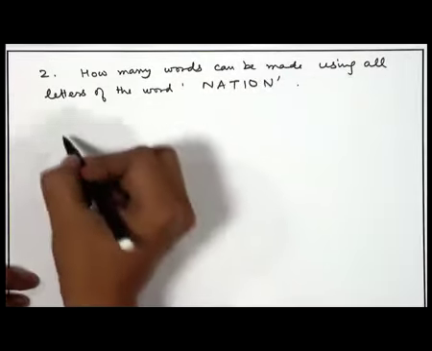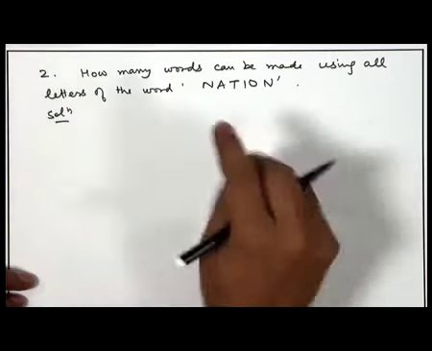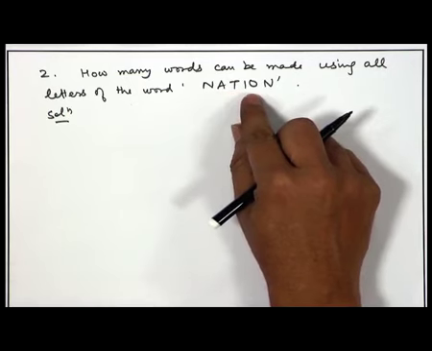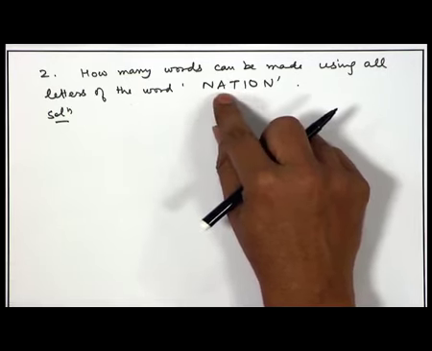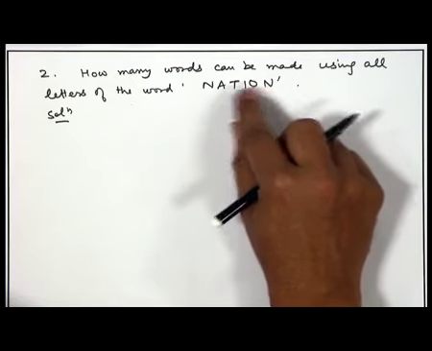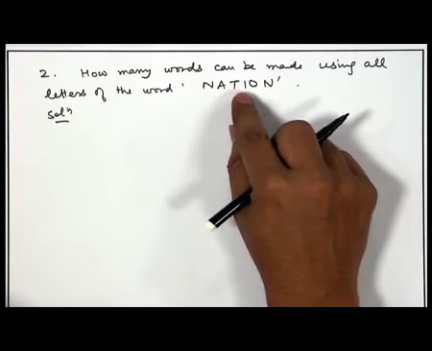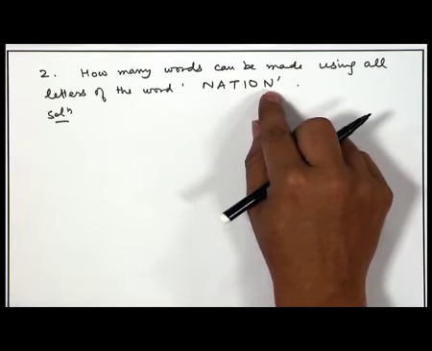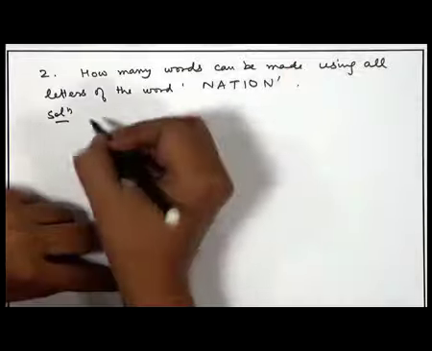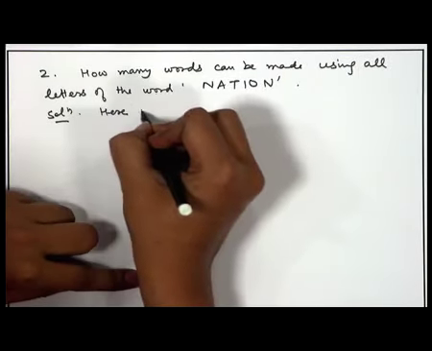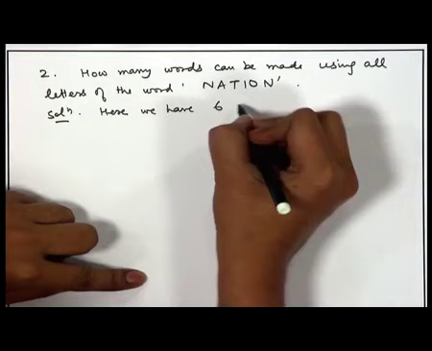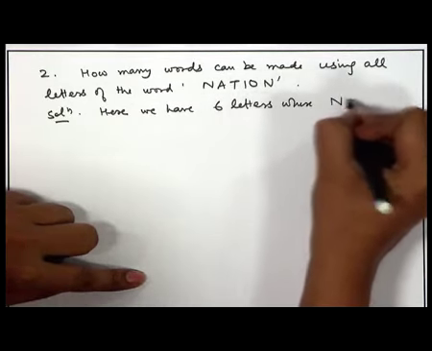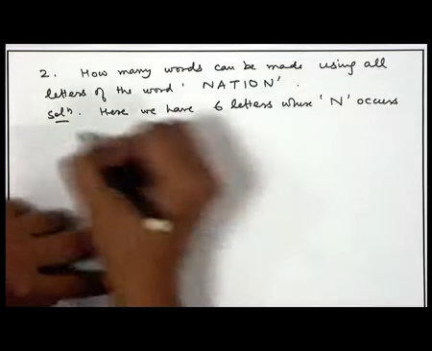Okay. So, let us look at this. If I have to use all the 6 letters, then look at how many are distinct. Here there are A, I, O, N and T, so 5 distinct letters, out of which N is repeated once. So, here we have 6 letters where N occurs twice.